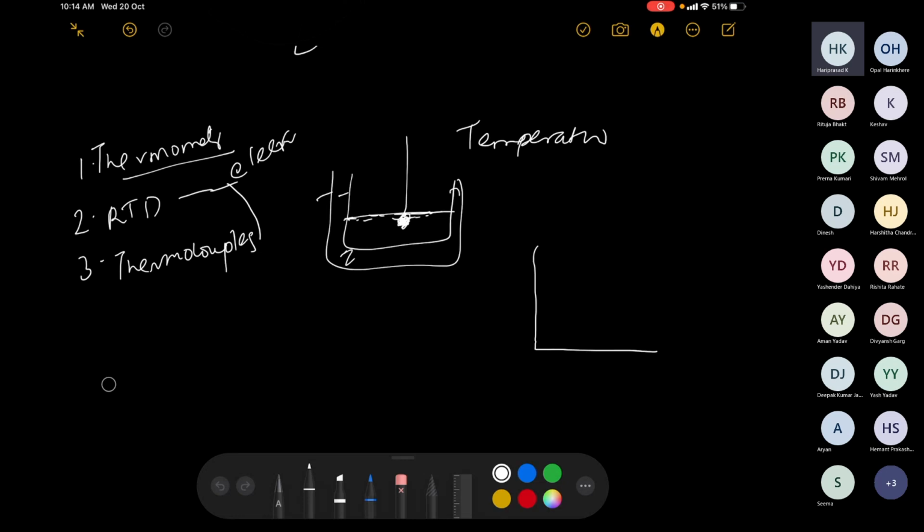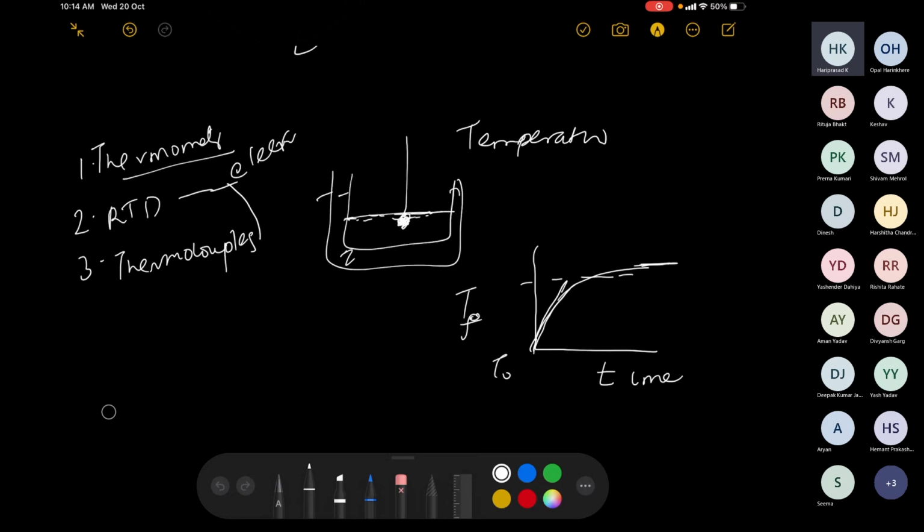You would really see that it takes some time. Eventually it would show your temperature, but it takes some time. So if this is time and this is your steady state temperature finally, TF, and this is T naught, it is not immediate; it takes some time.